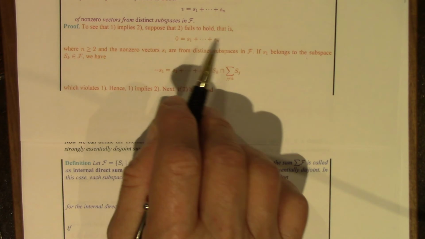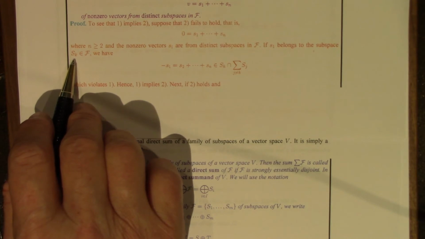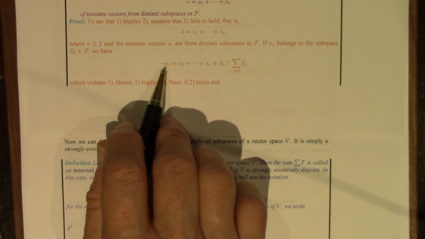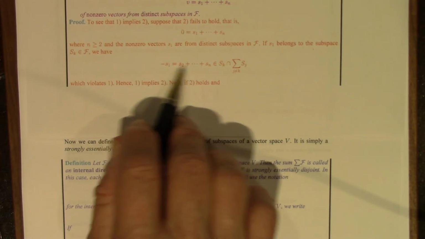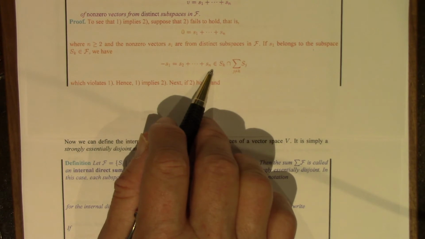If S1 belongs to, let's say, the subspace S sub k, we could move S1 to the other side of the equal sign and have an equation like this.